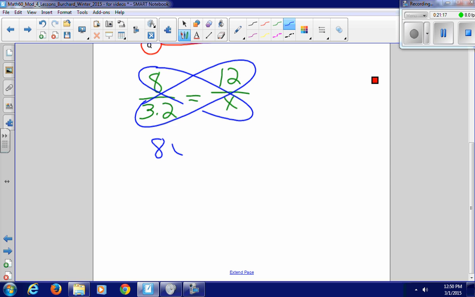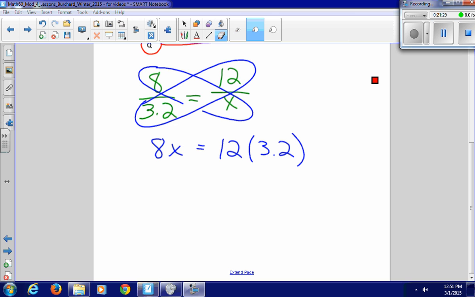So I'm going to do 8x equals 12 times 3.2. Before I divide, I better multiply over here. So 12 times 3.2, if I do it on my calculator, gives me 38.4. So I have 8x equals 38.4.